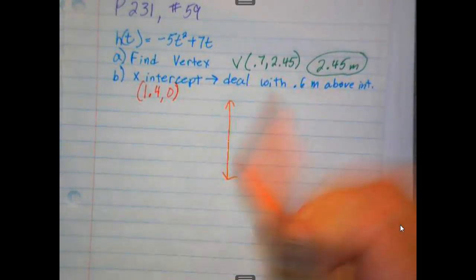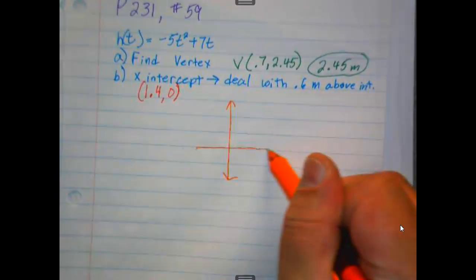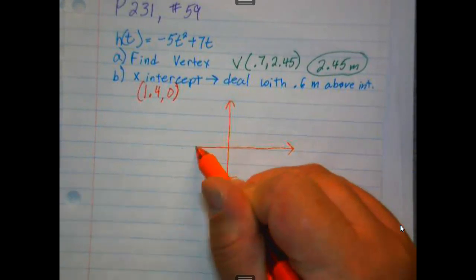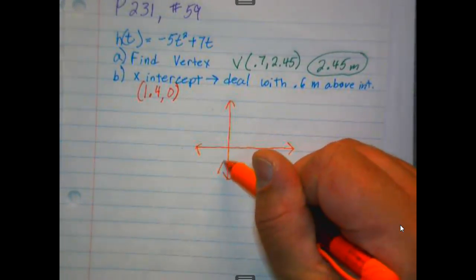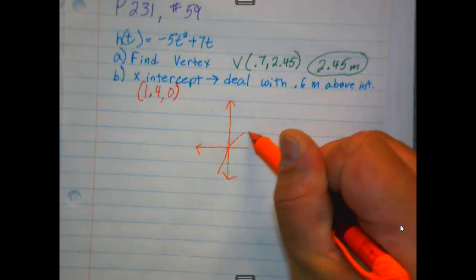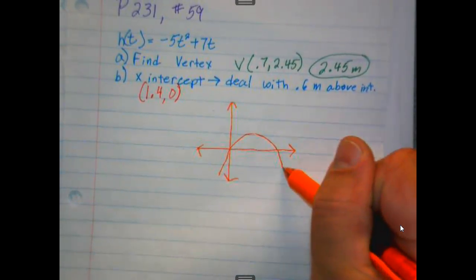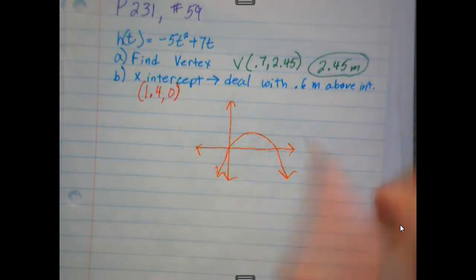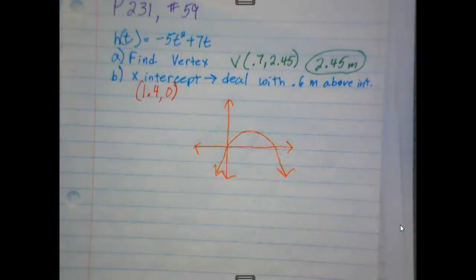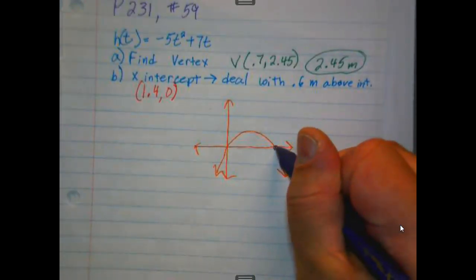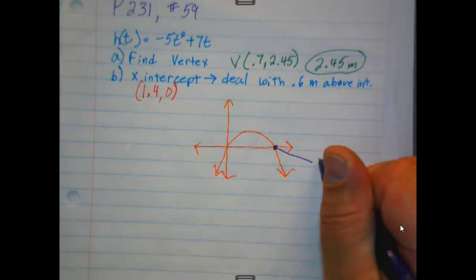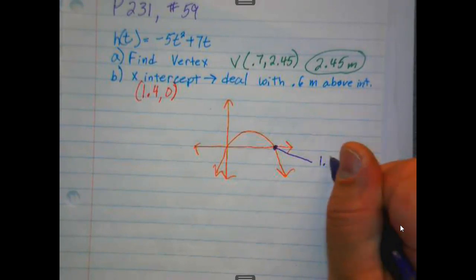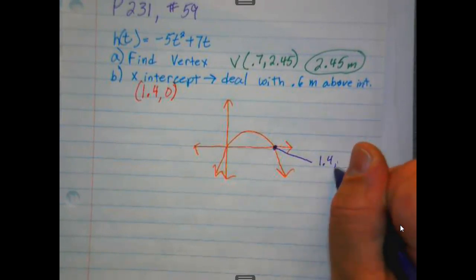Here's a graph, and I'm going to kind of blow up this parabola so we can understand what's going on here. So this point right there, that's my x-intercept at 1.4 comma 0.